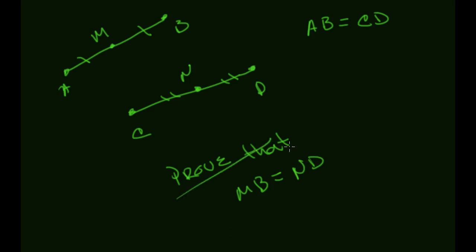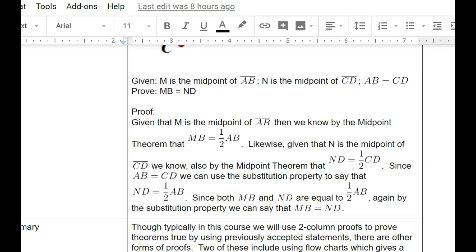Okay, so I'm going to do a little flipping back and forth between the notes that go with this video and this sketch that I just made here, and show you how this plays out. So I'm looking at what we would call a paragraph proof here. That's what's given in this section right here. If you take a look at that, it's actually explaining step by step what the proof would say.